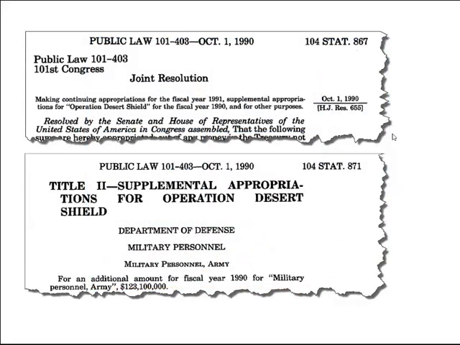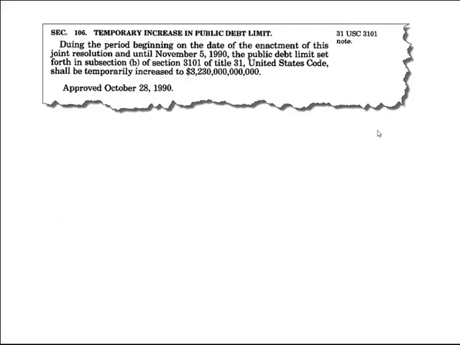For example, on October 1st, 1990, a CR was used to pass supplemental funding for Operation Desert Shield. And on October 28, 1990, a subsequent CR authorized a temporary increase in the debt limit.